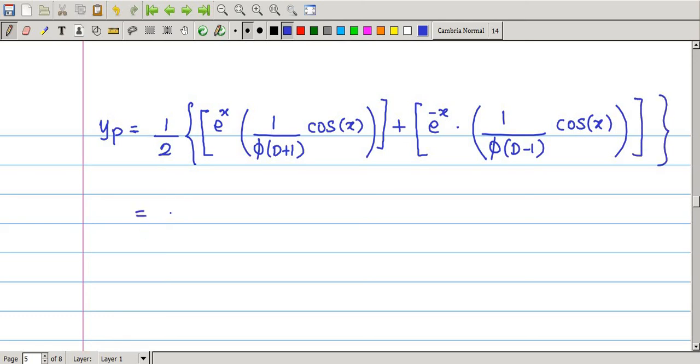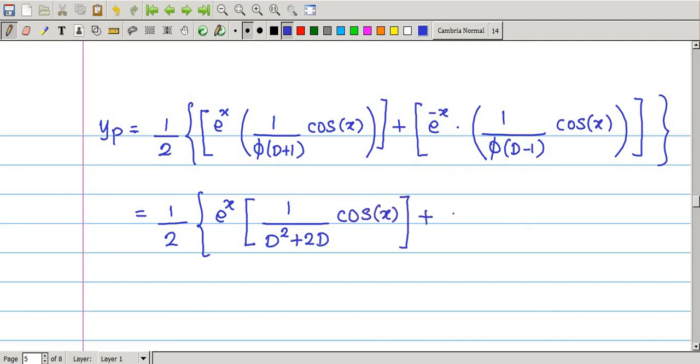So this is equal to, since we have calculated those values before, e raised to x into 1 upon d square plus 2 times d into cos x plus e raised to minus x into 1 upon d square minus 2d into cos x.